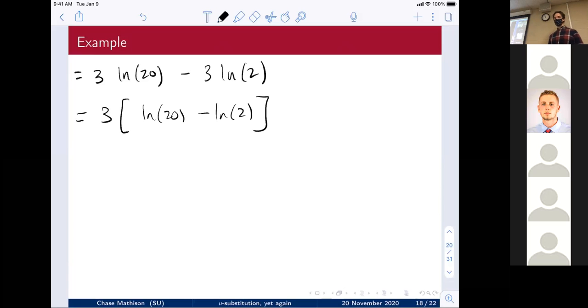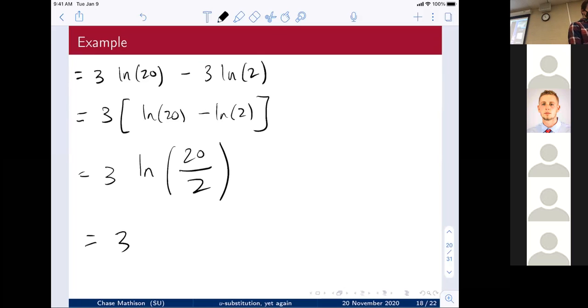This requires some rules for logarithms that you learned 1,000 years ago. Yes, the natural log of A minus the natural log of B becomes the natural log of A divided by B. So this is 3 times the natural log of 20 divided by 2. That's one of your rules for logarithms.